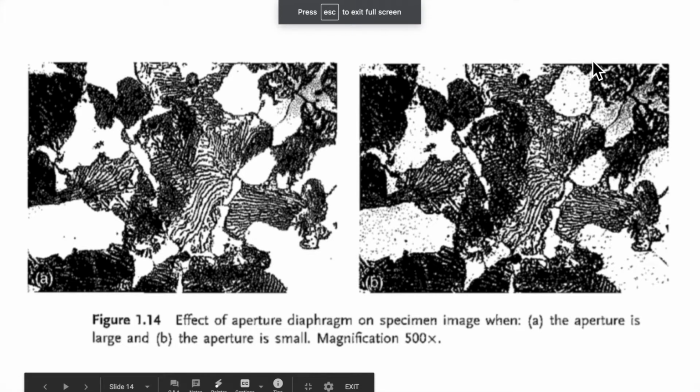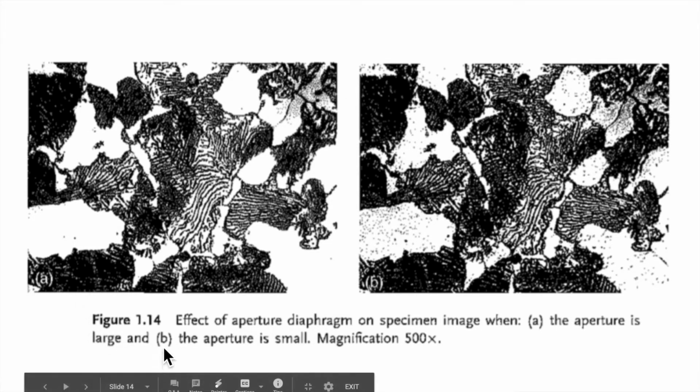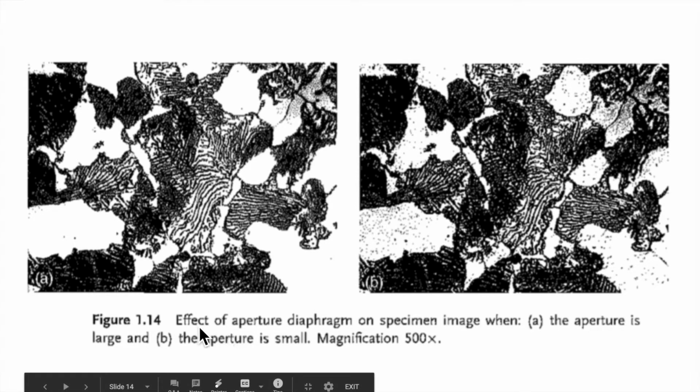All right, so we've talked a lot about this Kohler illumination system and just recently the diaphragms and how that can affect the images. So now I want to ask a question related to this figure here. This is figure 1.14 in your book, titled Effect of Aperture Diaphragm on Specimen.